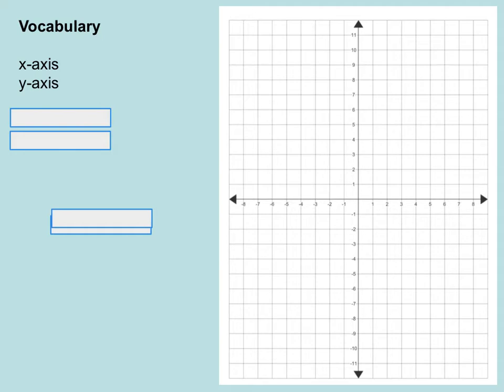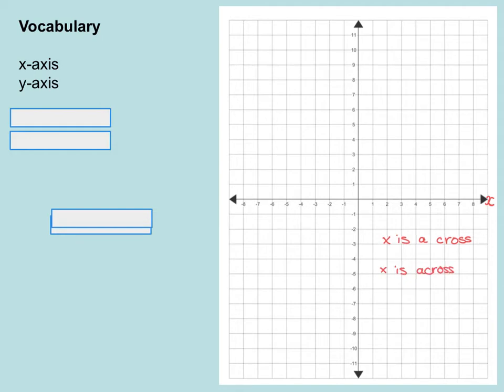So the one that goes across the way is called the x-axis. X is a cross. If we put that together as one word, x is across. X goes across the way.